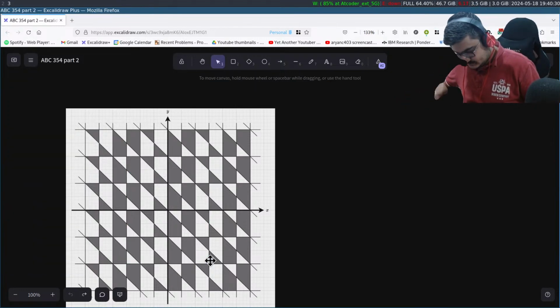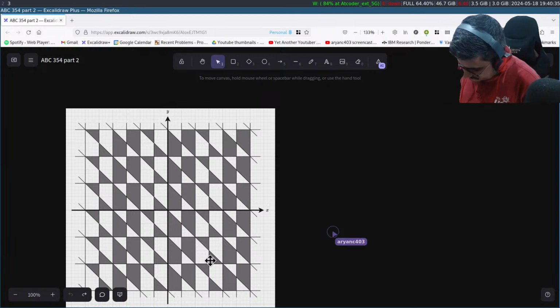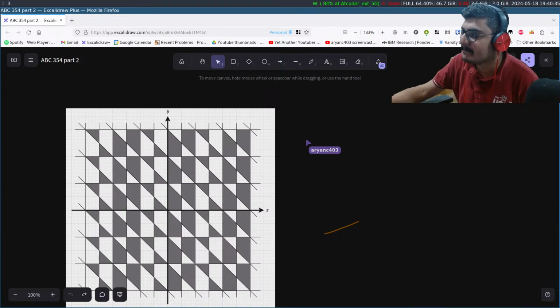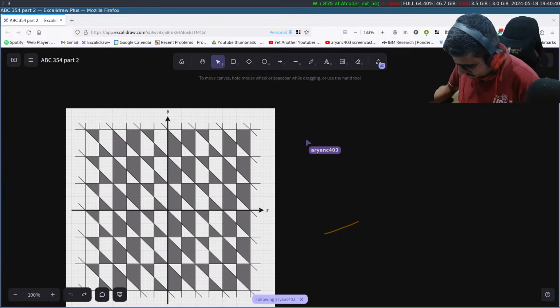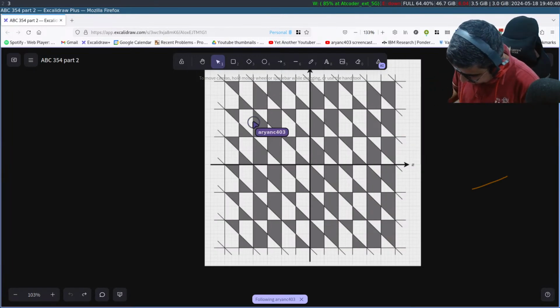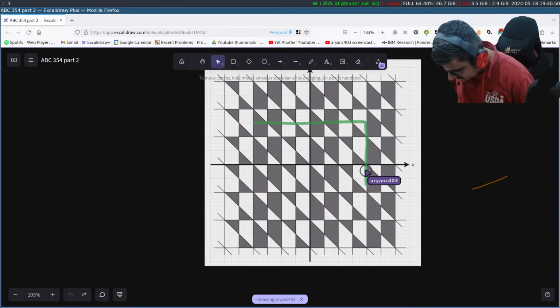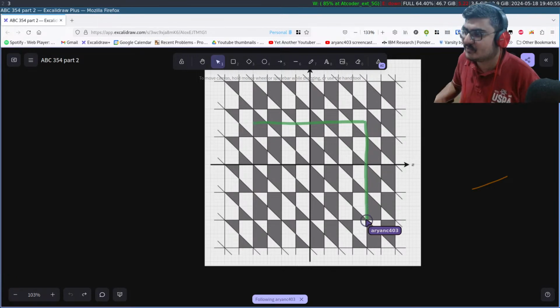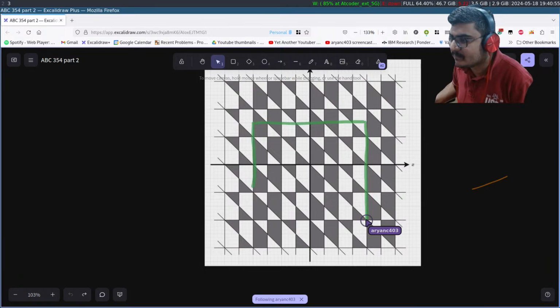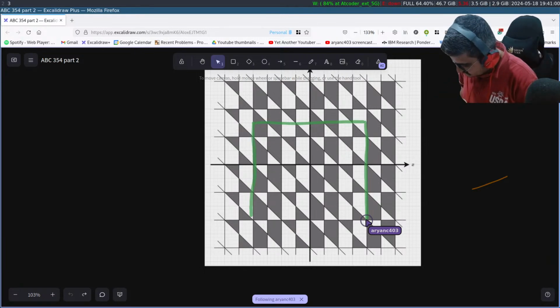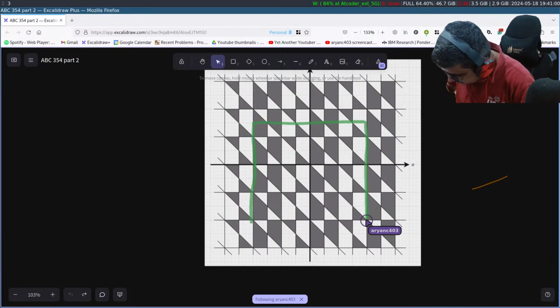Like origin starts at, yeah, right. This green is the area I want to find the result for. Or probably this makes a bit better.